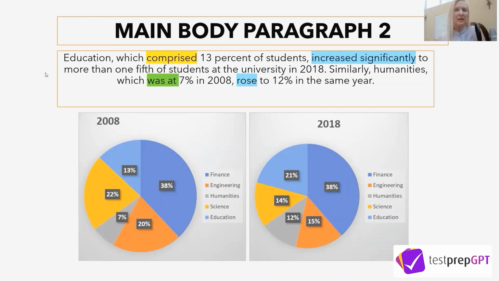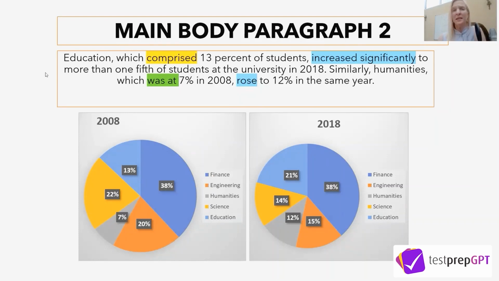Let's look at the second paragraph. So education, which comprised 13% of students, increased significantly to more than 1/5 of students at the university in 2018. Similarly, humanities, which was at 7% in 2008, rose to 12% in the same year.